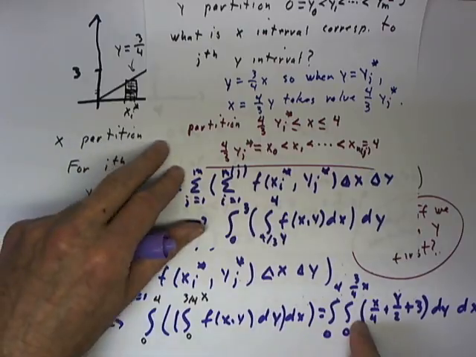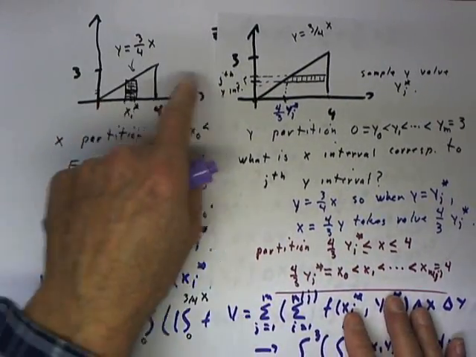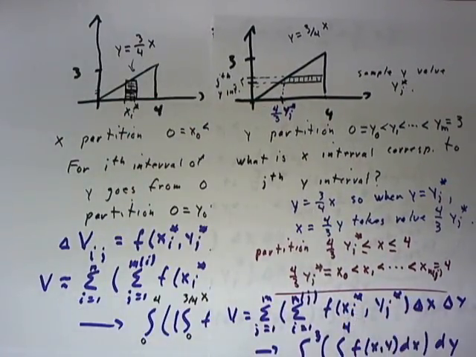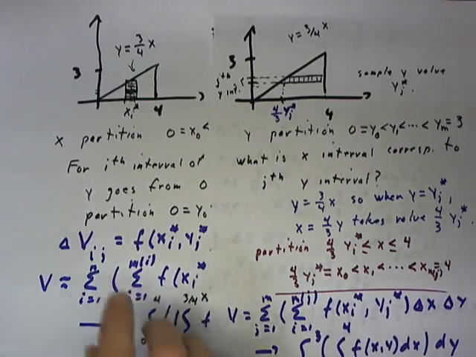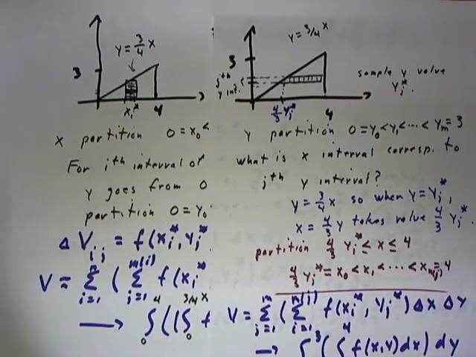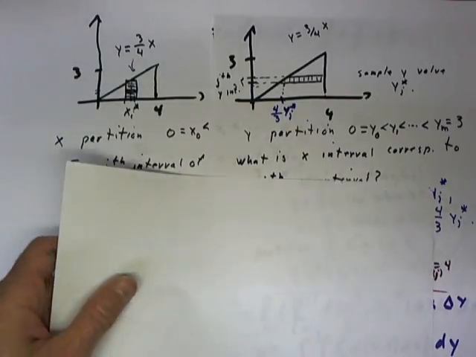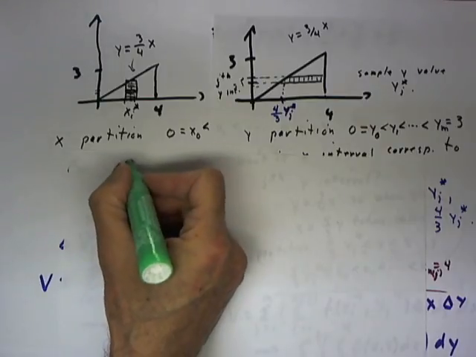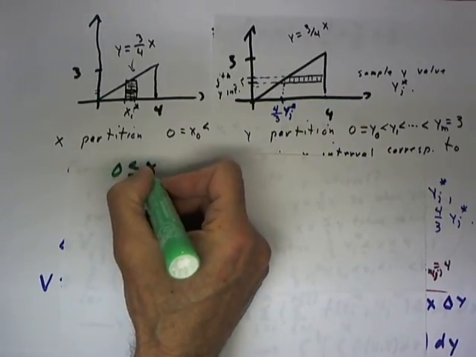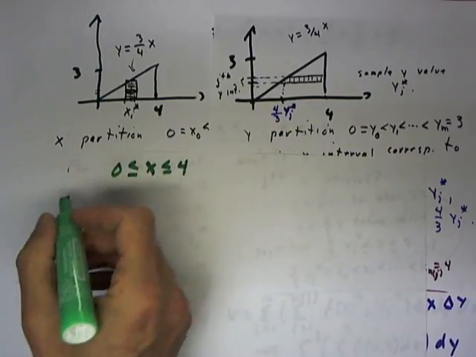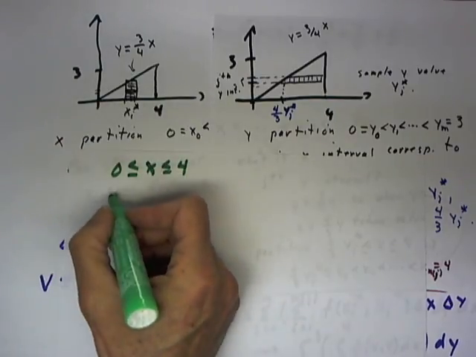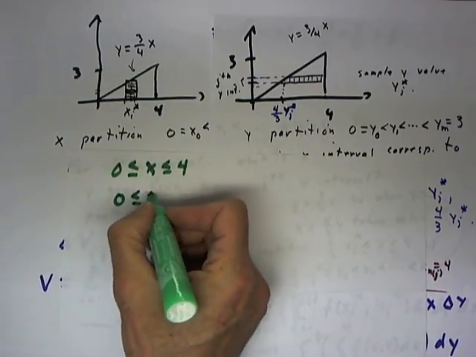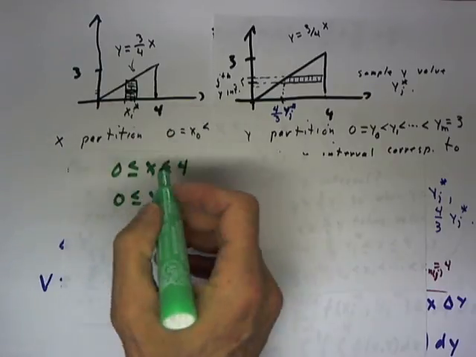Both sets of limits accurately describe our region. In this case, our description of the region could be written as 0 less than or equal to x less than or equal to 4, and then for y we have 0 less than or equal to y for a given value of x.